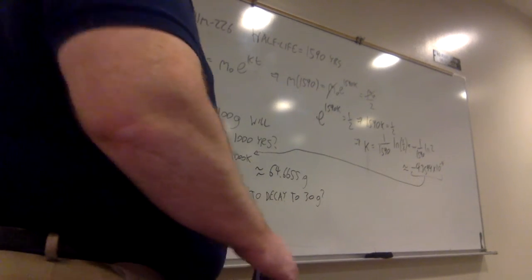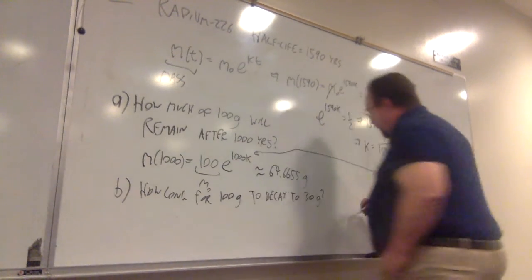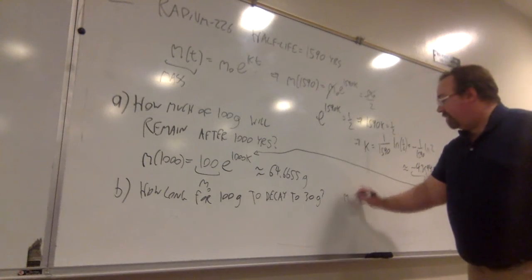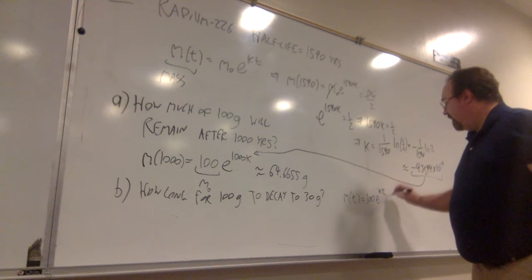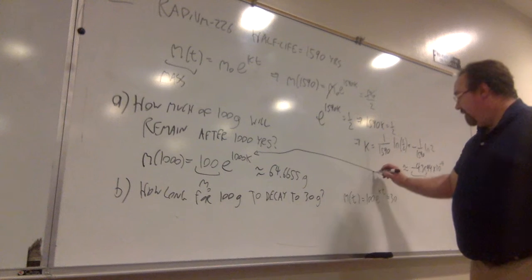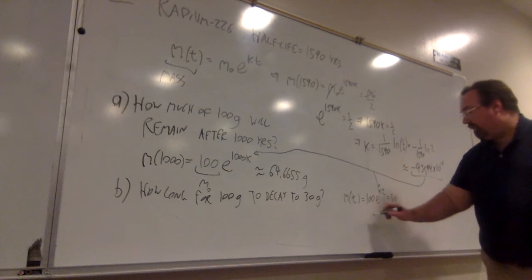Okay. So what we can do is solve this equation. M of t, 100 e to the kt, is equal to 30. Again, the known value of k can be substituted in.